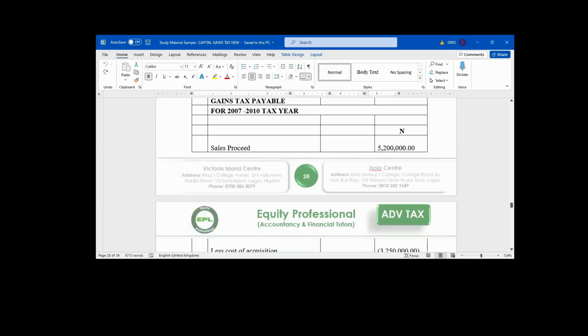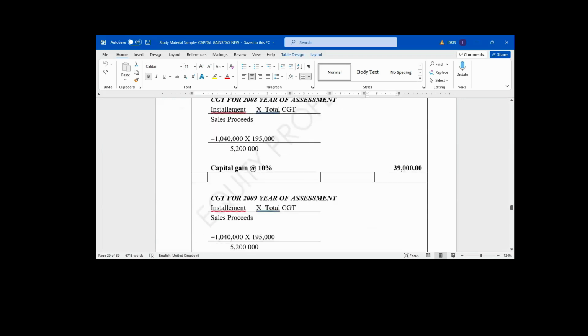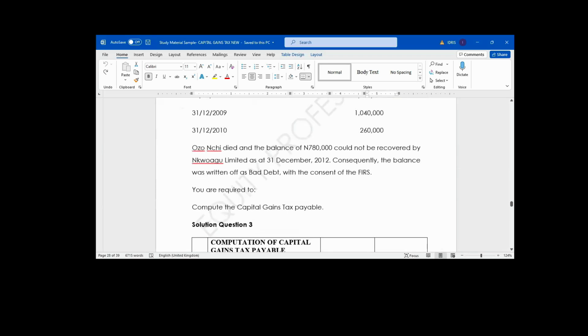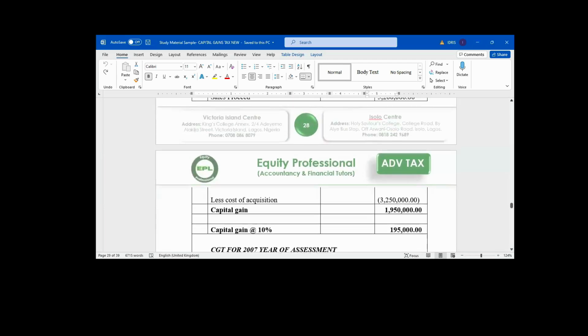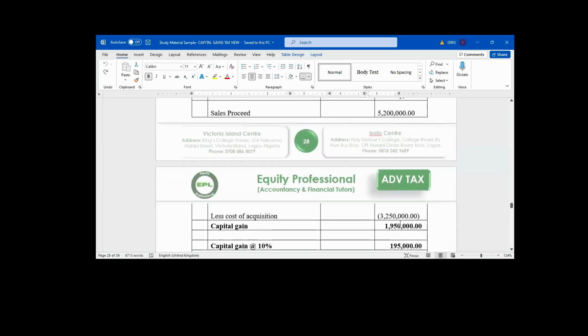So our capital gain on the asset will be how much? When you minus, 1.950 million. And the capital gain tax will be what? 195,000.